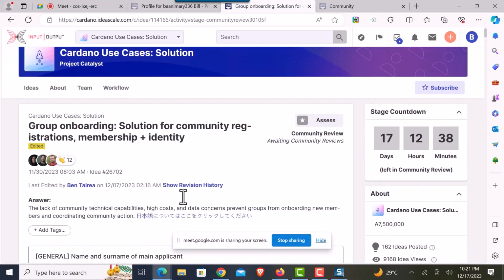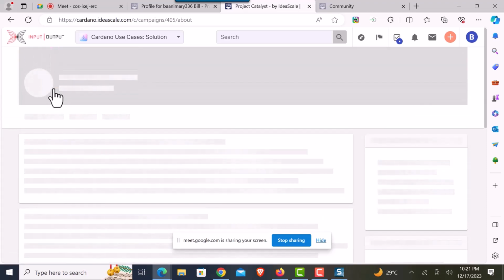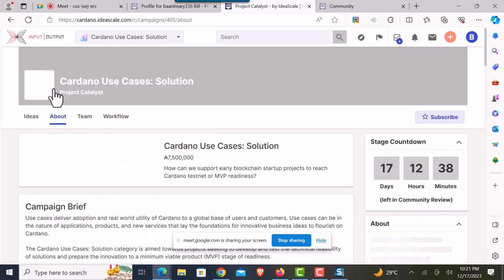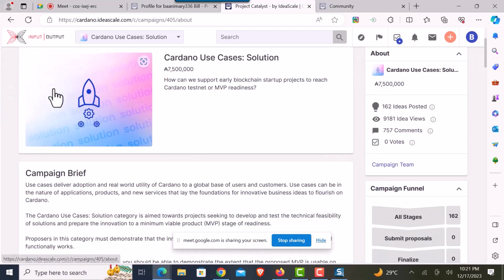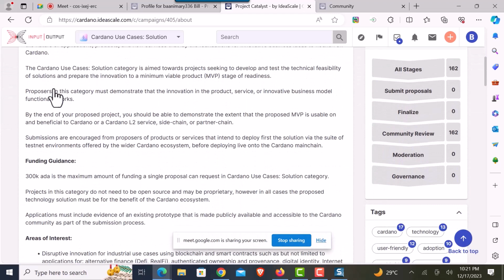We will be thinking that the proposer would have done due diligence, but sometimes it might just escape their minds and they will give an over budget. So let's see if there is a budget cap.